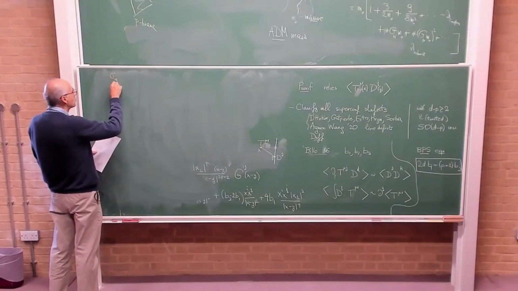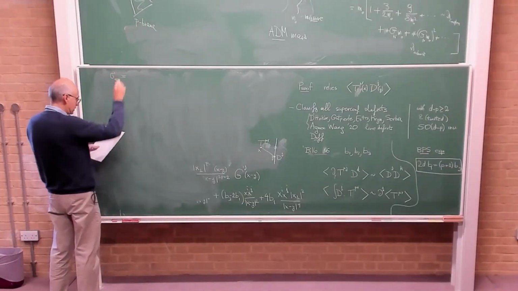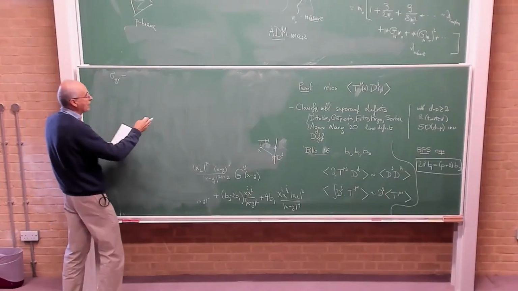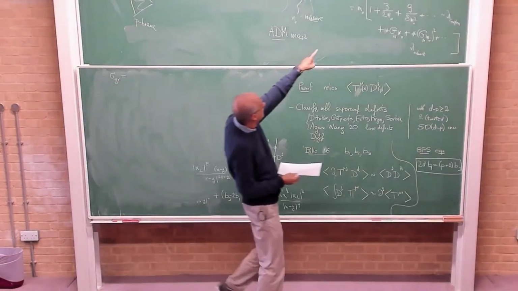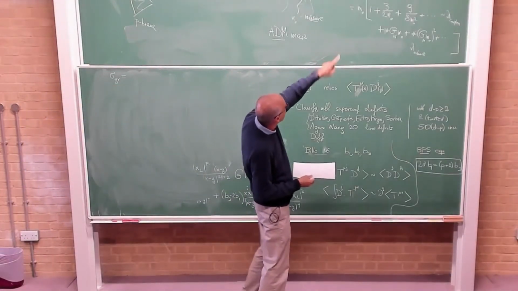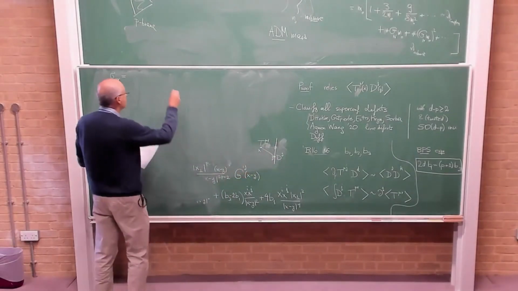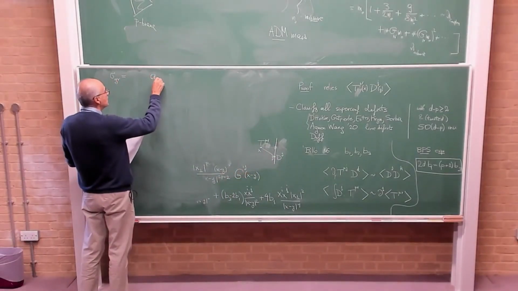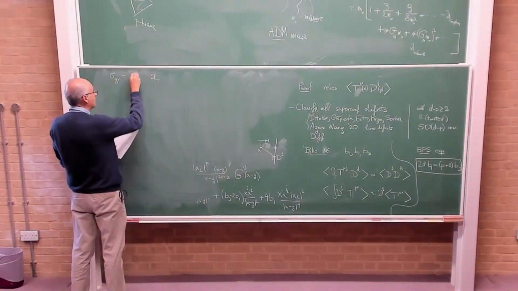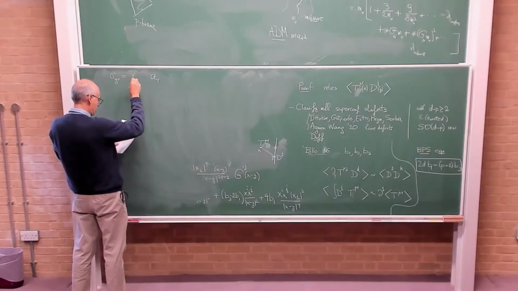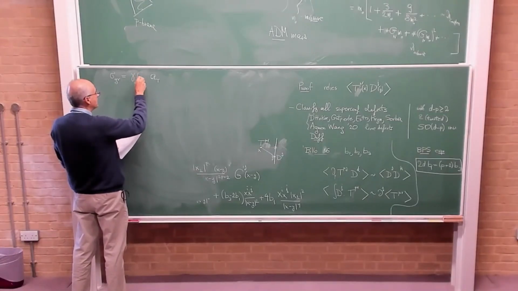So again, it wasn't written like this, but it's the moral equivalent. You find the formula which is necessarily proportional to the 1-point function of T mu nu, so it has an a_T, and then it has some numerical coefficient that depends on p and d.